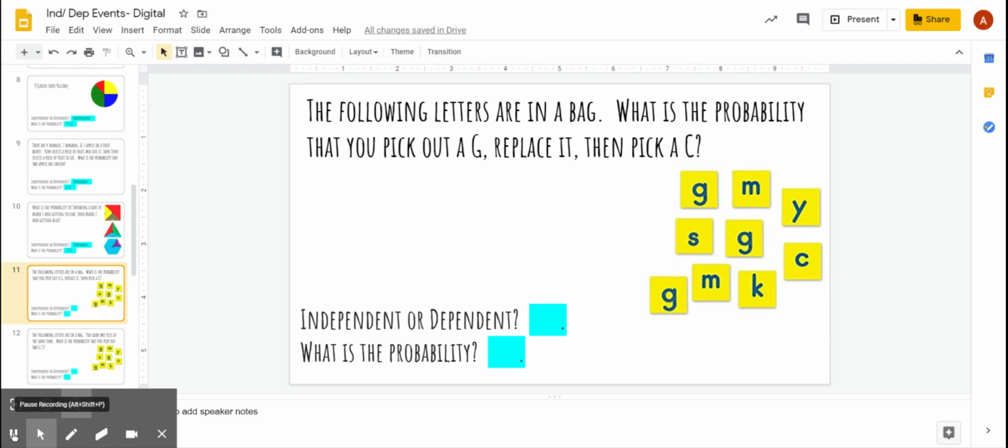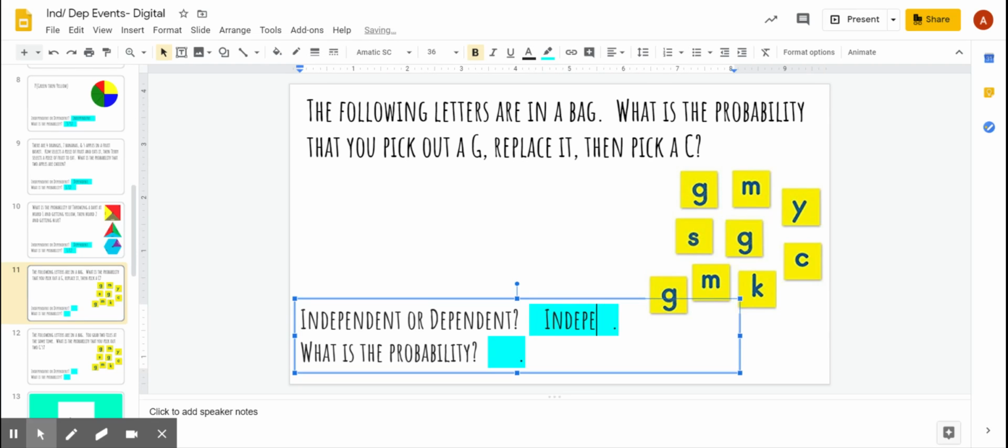The following letters are in a bag. What is the probability that you pick out a G, replace it, then pick a C? Okay. So it says I am going to replace it. So this is independent. And let's see.